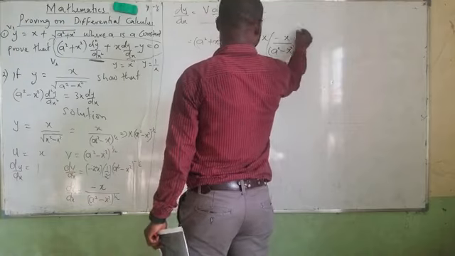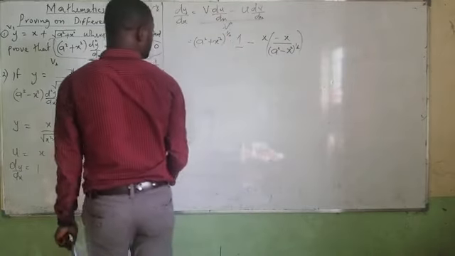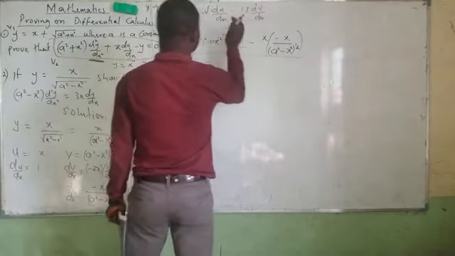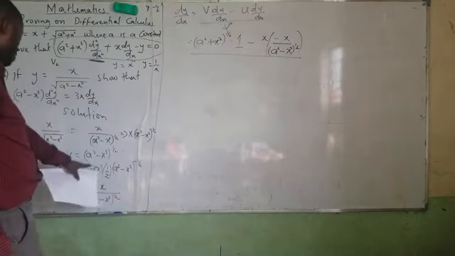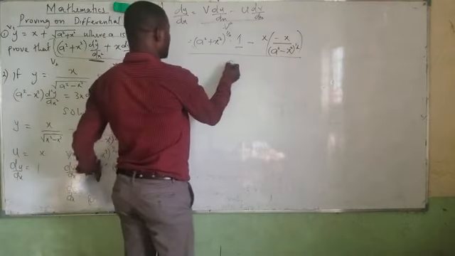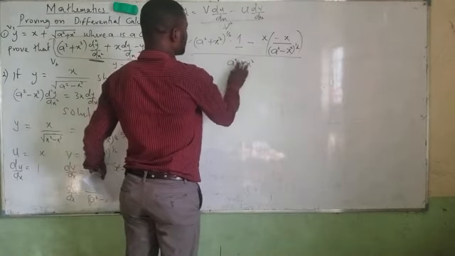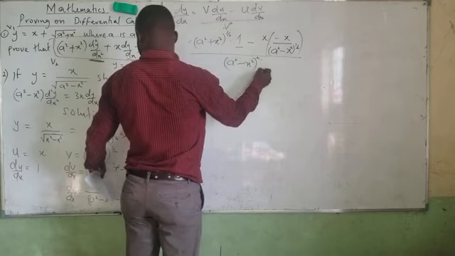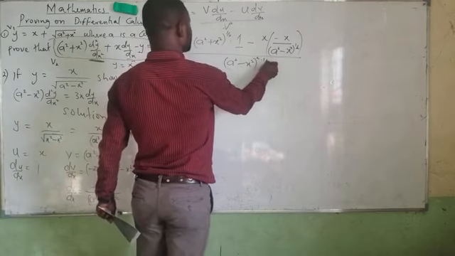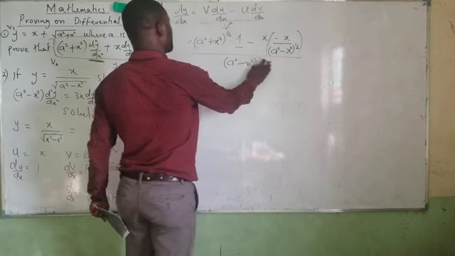Please put brackets here for better clarification. Everything divided by v squared, and this is my v. It means I'll be having (a squared minus x squared) to the power of 1 over 2, squared, and the 1 over 2 will cancel. This is going to be like this.